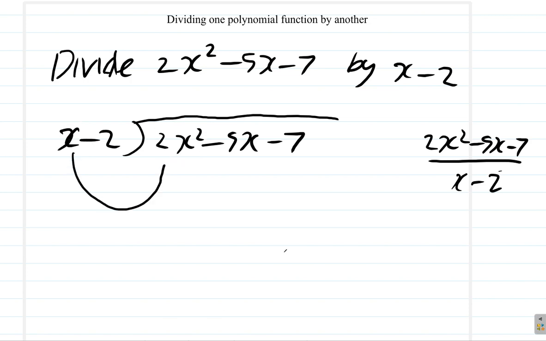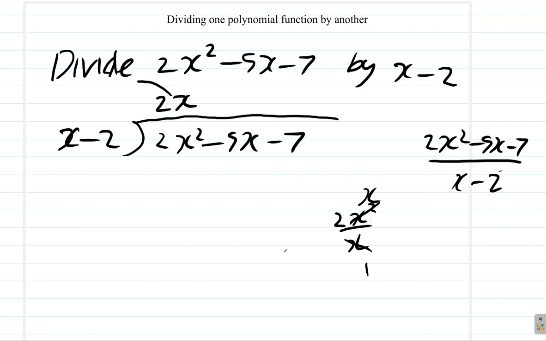So x into 2x squared goes what? It's like you have 2x squared divided by x. X into x squared goes x times. So it's 2x.